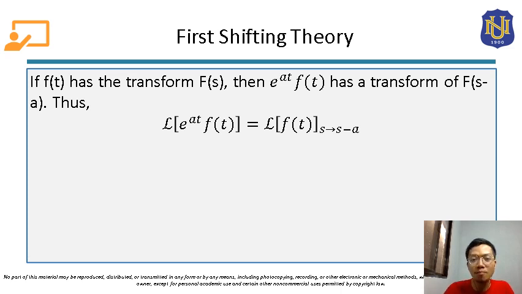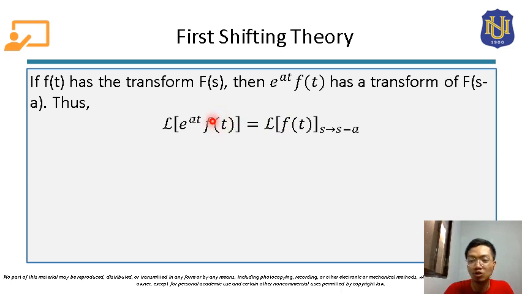So if one of the components of the product is e raised to at, what we're going to do to solve for its Laplace transform is just solve for the Laplace transform of the function that is multiplied by e raised to at, which is this f of t.